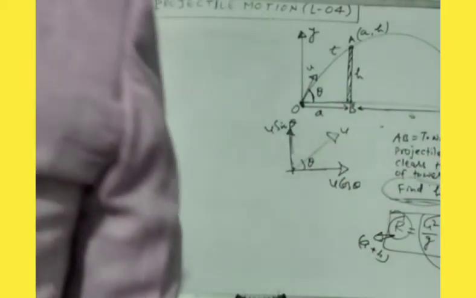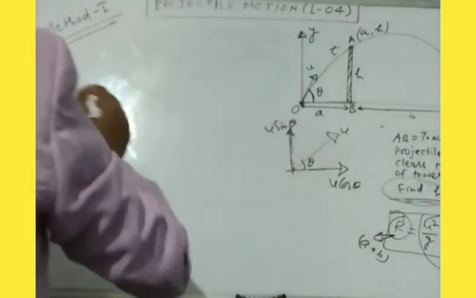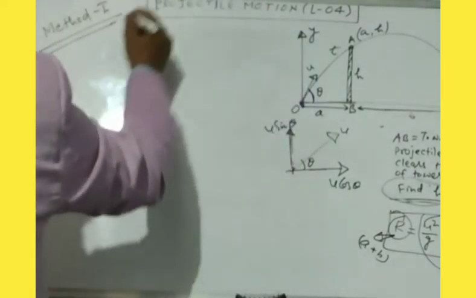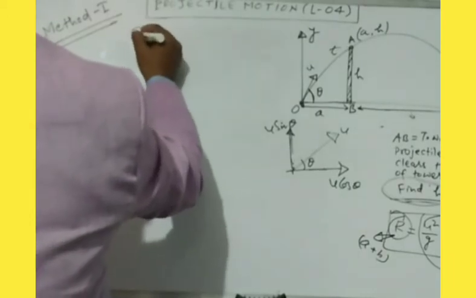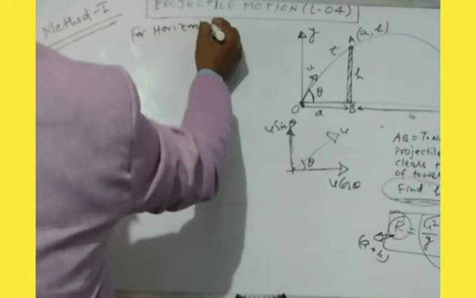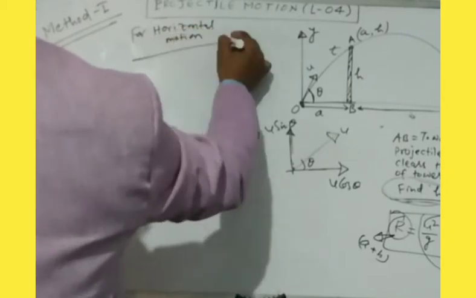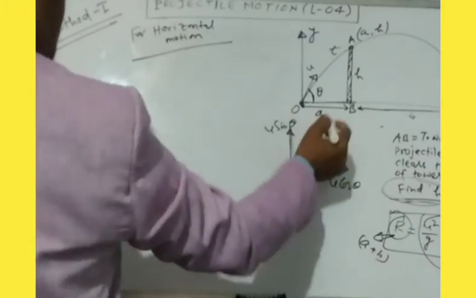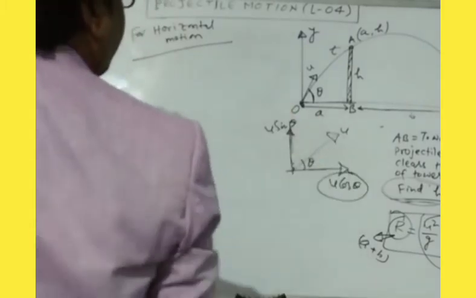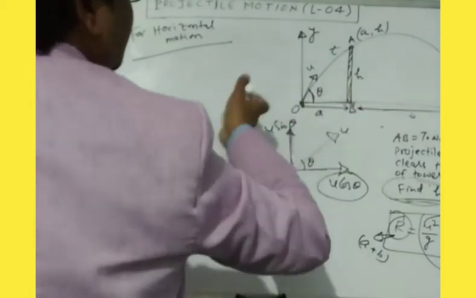So for horizontal motion, what can you write? This velocity will remain constant because no force is acting along the x-axis.